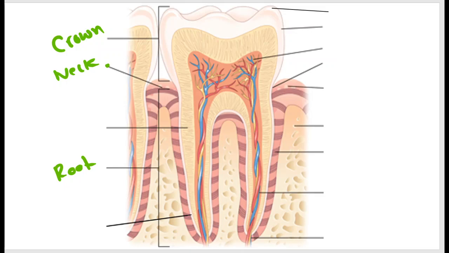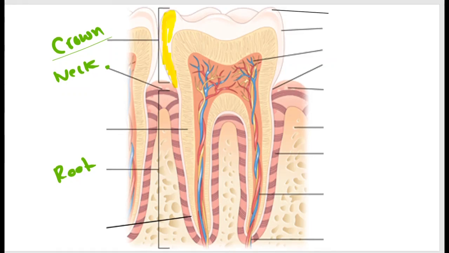So the crown is usually the part that is above the gum and that is covered by enamel. That's what we call the anatomical crown. We know that the enamel is this layer, right? It covers the crown part of the tooth, and that is the crown.